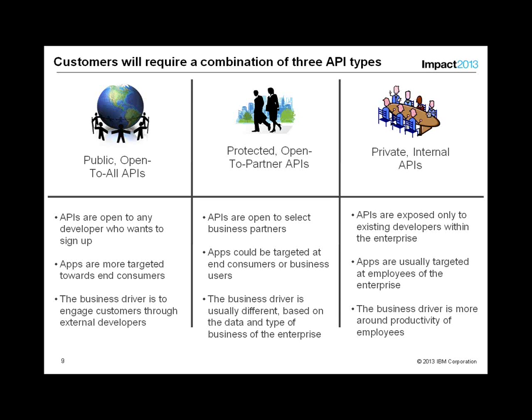So to begin with, you probably have private and internal APIs. These are going to be exposed only to developers from the enterprise, right? These are usually targeted to be consumed by application development teams that know about the API and are probably building some cool applications for the enterprise. And the business driver here is really to increase the productivity of employees.